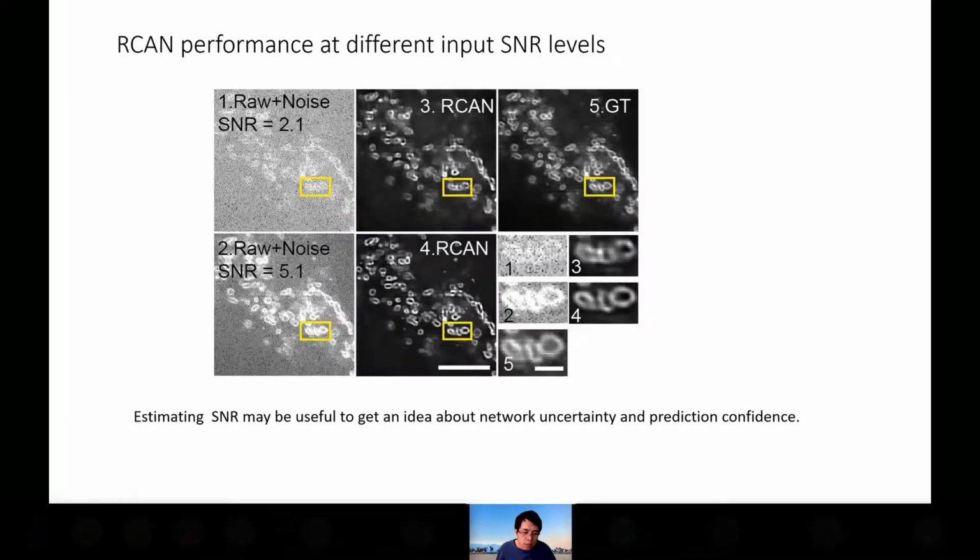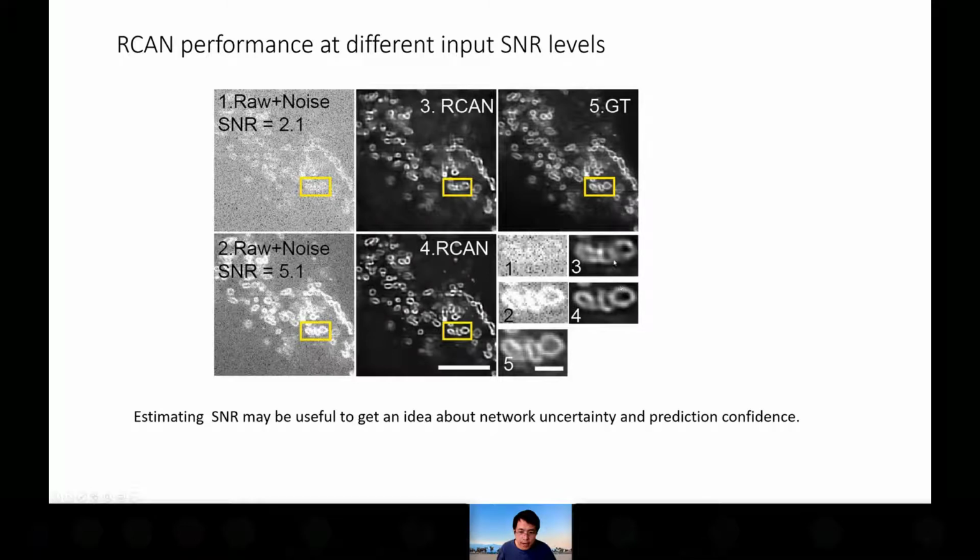In the next image I show here, we use the same raw data set and just added a different noise level to it, and each of them generates 2 different RCAN predictions. Number 5 on the slide is the ground truth, and the small image shows the region corresponding to the yellow highlights.